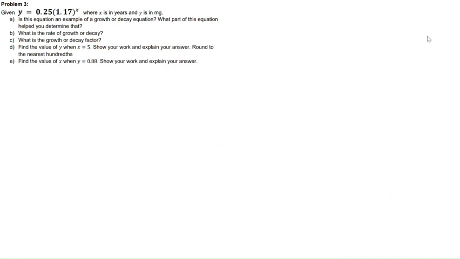Next we have problem 3. This one starts out by identifying if it's a growth or decay equation. If you remember from problem 1, the way we figured out whether it's growth or decay is by using the b value.